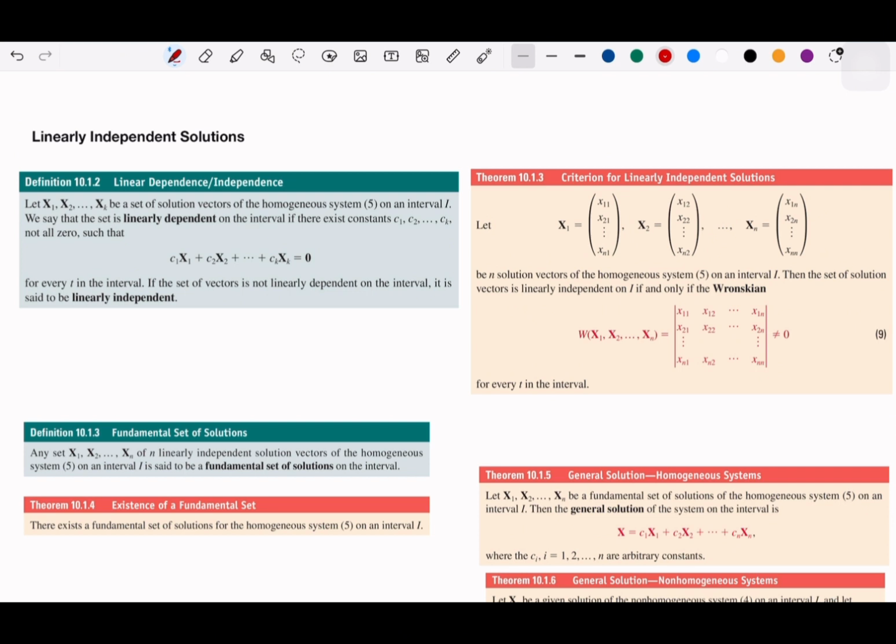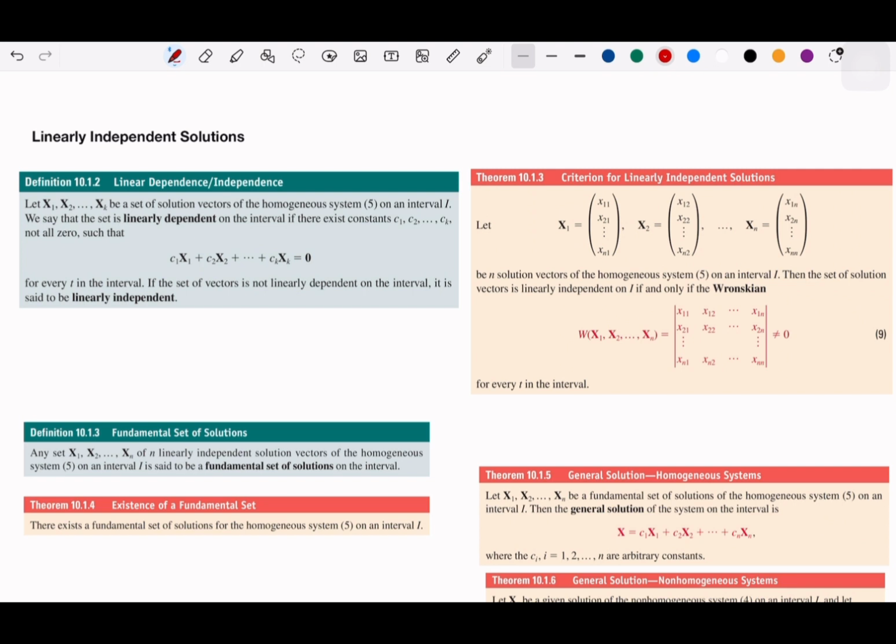We take the set of all the x, the first derivative, second derivative, right? And then we take the determinant and do some Cramer's rule, if you remember. And whenever it's not 0, then we have linear independence.